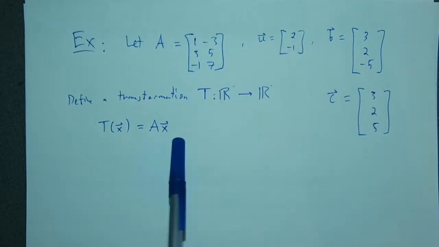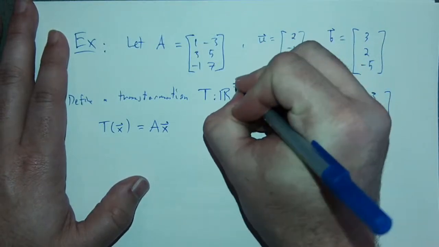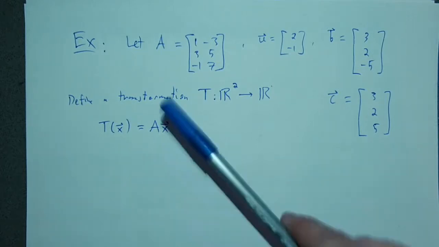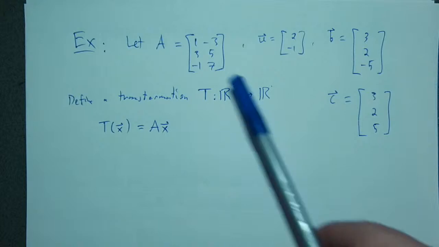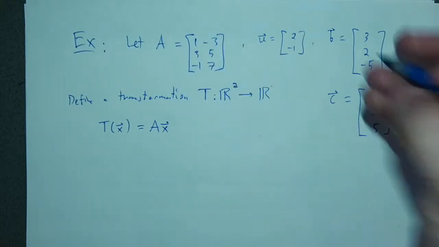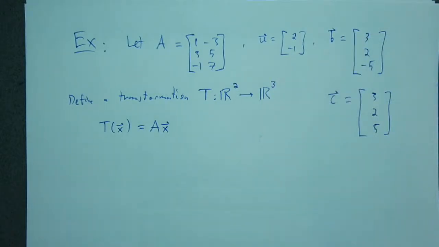So if I want A times x to be defined, what does this exponent need to be? It's got to be 2. And since I get a linear combination of two vectors that have 3 entries, this goes from R2 to R3. Okay.